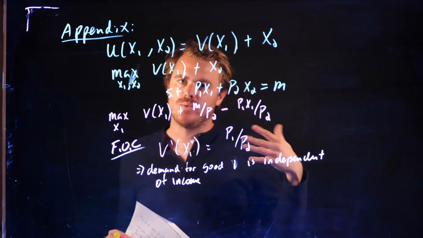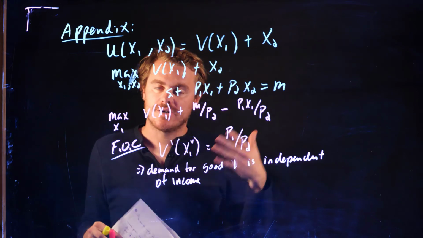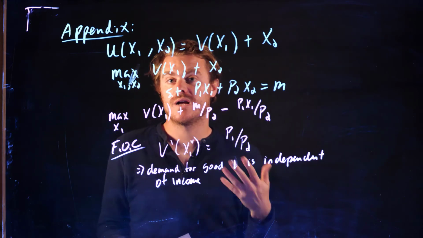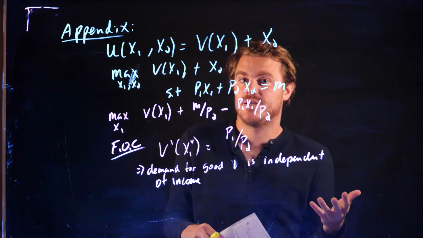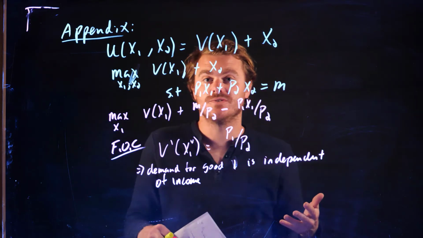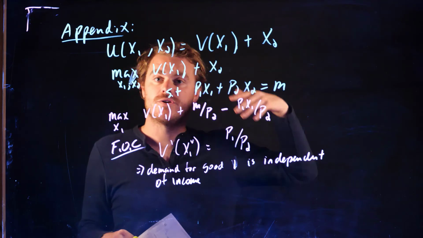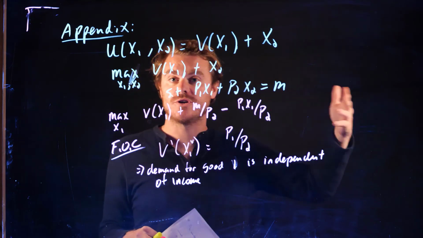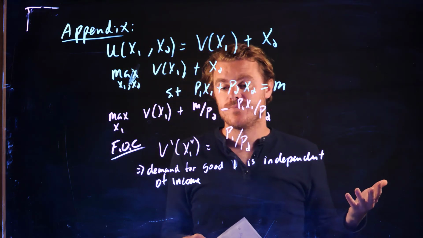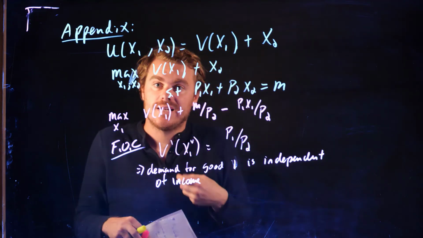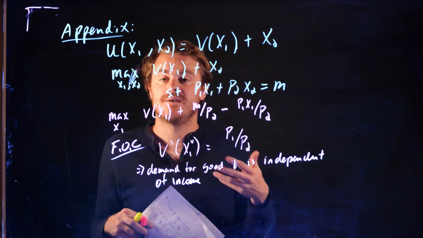This might seem really weird, or maybe it's hard to connect that to the real world and what kind of goods. I think the book has a pretty good example where they're talking about pencils as good 1 here, and all other goods, or income spent on all other goods, as good 2. When we first get a little bit of income, we want to buy some pencils.